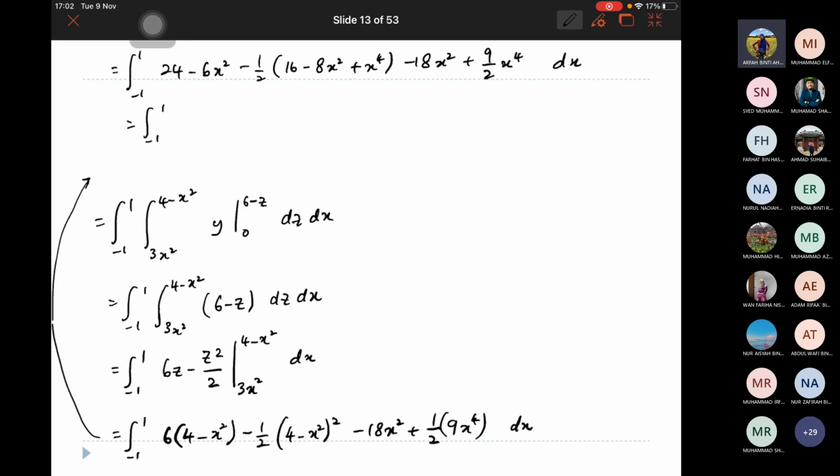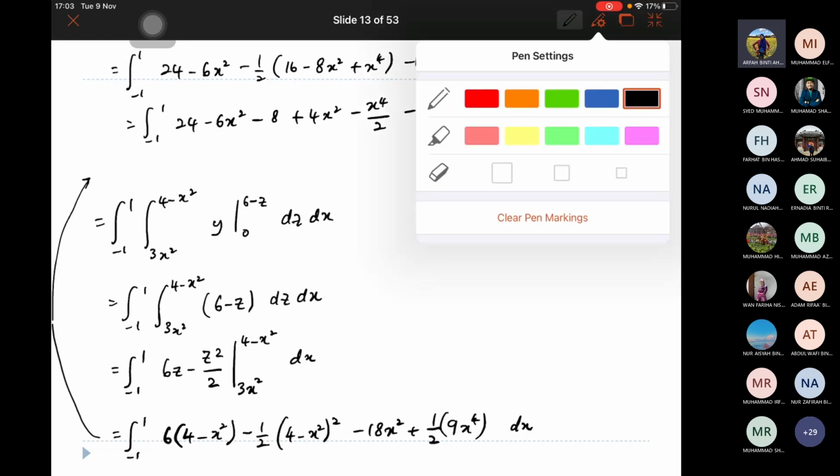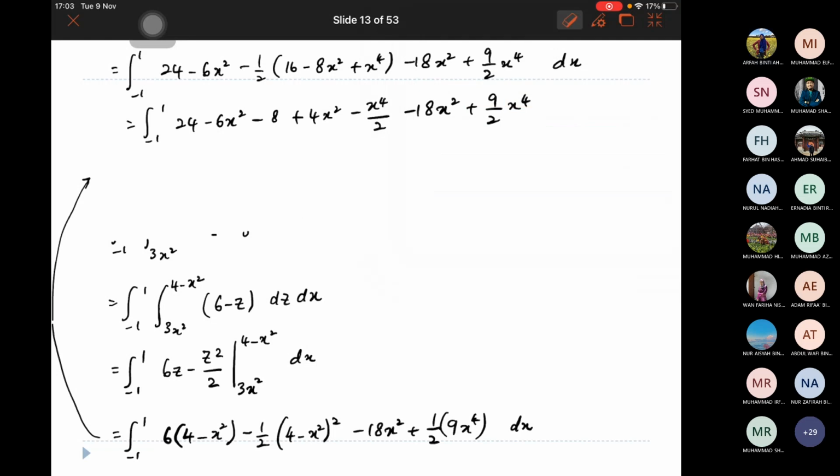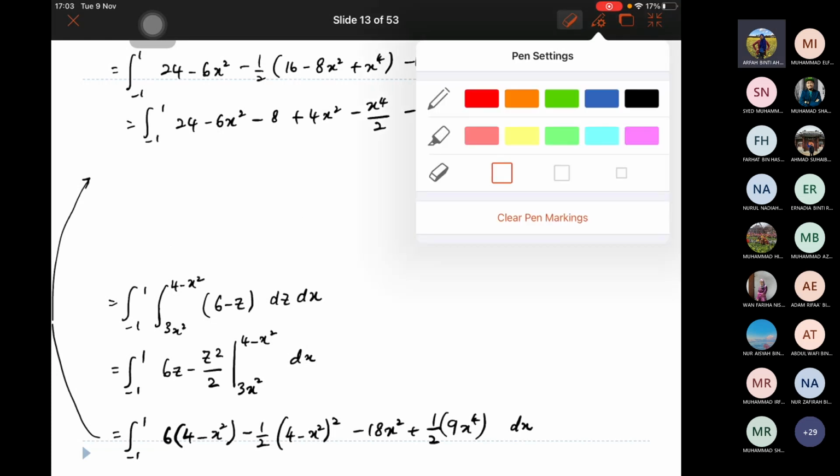So negatif 1 sampai 1, 24 tolak 6x² tolak 8 tambah 4x² tolak x kuasa 4 per 2 tolak 18x² tambah 9 per 2 x kuasa 4. Okay. Dx.